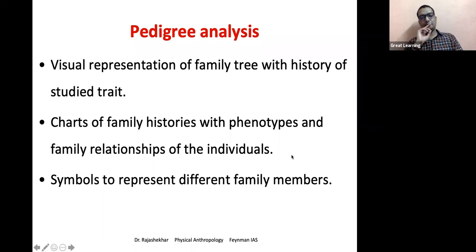I'll tell you the important symbols that you need to know and examples of diseases for you to understand how pedigrees work. But overall, pedigree is a family tree with information about a character or a phenotype, placing the family members in relationship with each other, using some standard symbols.